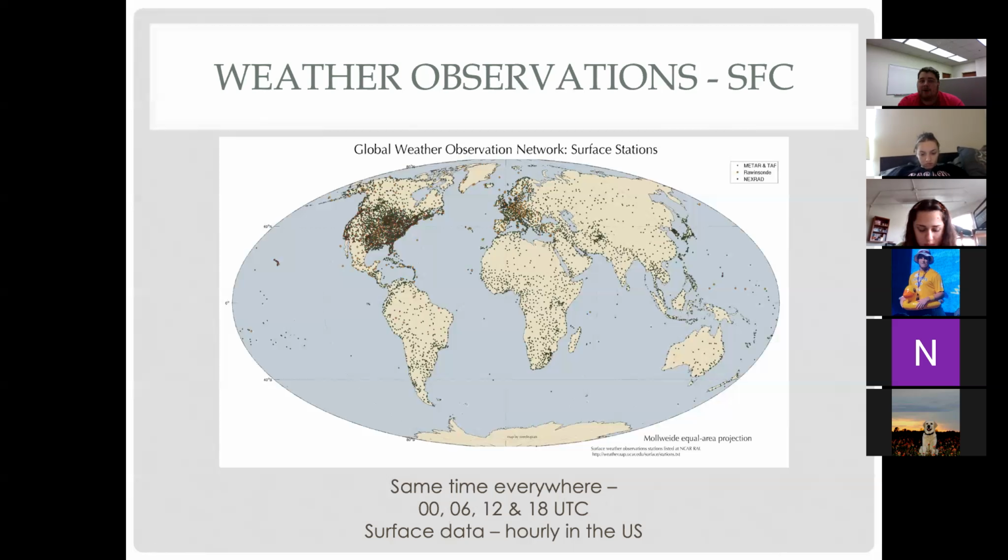And whenever daylight saving time ends, which for us is in a few weeks, during the winter we're 6 hours behind UTC. So whenever it's 18 UTC, it would be 1300 for us, which is 1 o'clock. So it's almost 2 p.m. for us. If you add 5 hours to that, it would be 1700 UTC. The main takeaway is that these are all done at the same time everywhere: 0, 6, 12, and 18 UTC.